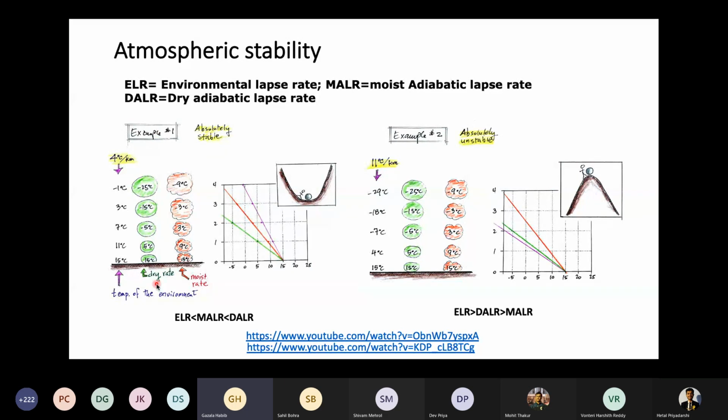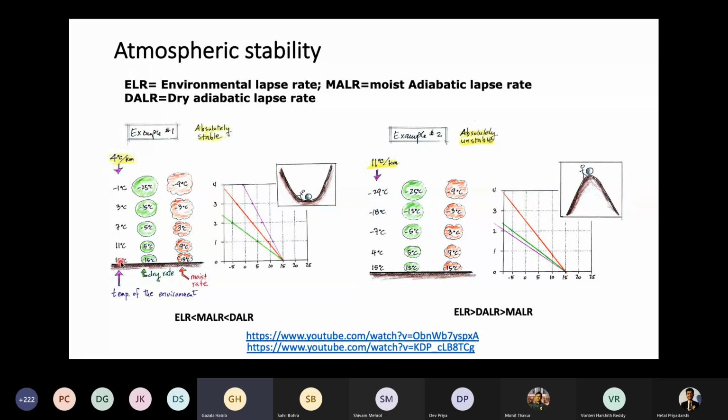Say this is the air parcel. The green one is the dry air parcel without any water content. The red one is the moist air parcel, with the moist lapse rate.